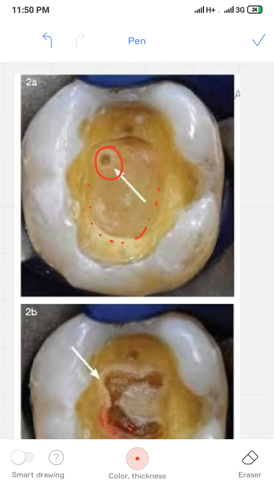Often what I have seen people do is that they try to get into the pulp chamber through the middle of the cavity. Do not do that. Imagine where the canals are ideally located.